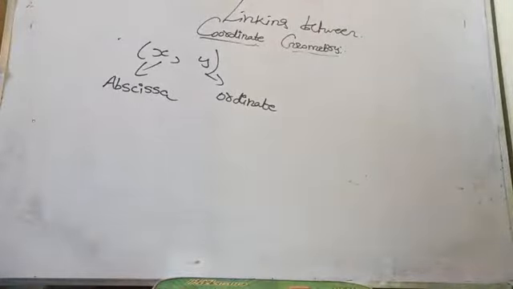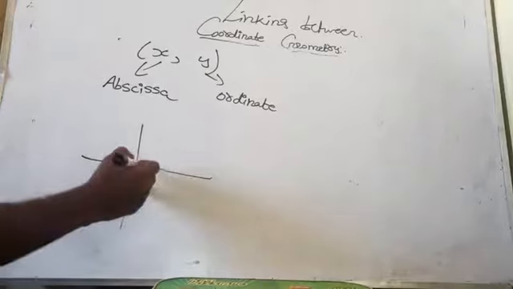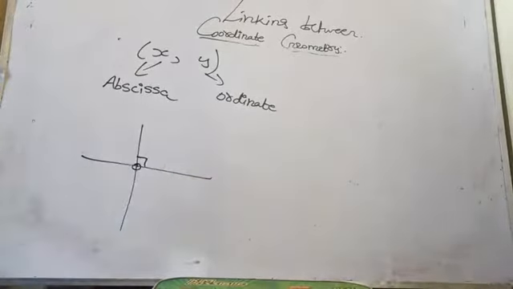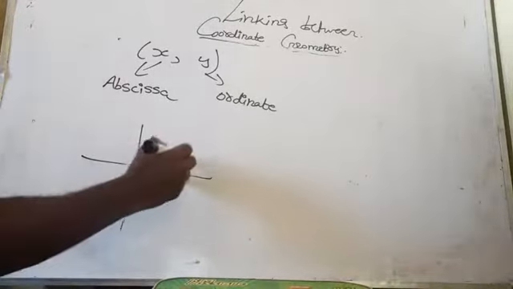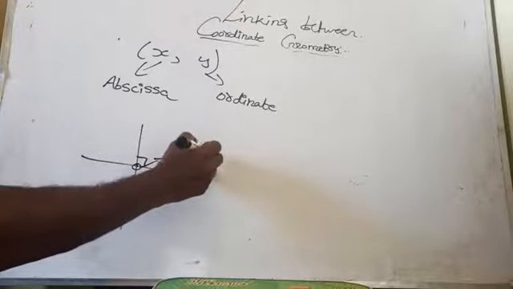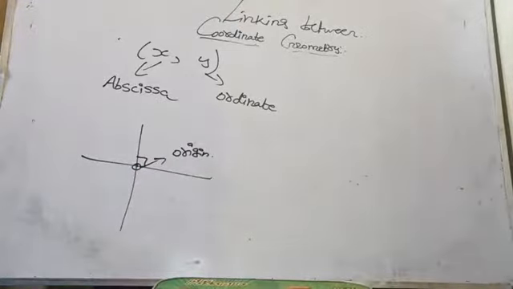Am I right here? Yes. And where the two lines intersect is called the origin. These are two perpendicular lines, and where they intersect is called the origin. Then after that, we divide into four quadrants.